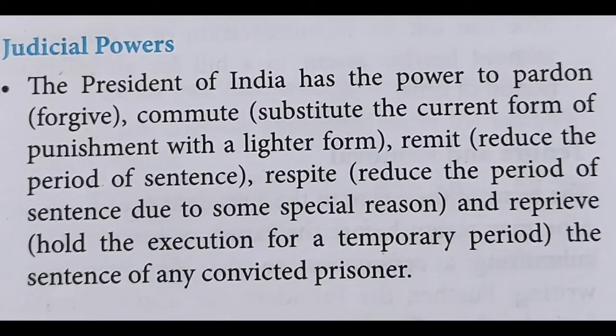Stay order, that means. So the President has the power to give pardon or commute, remit, respite, reprieve the sentence of any convicted prisoners. This one only is given as a judicial power.